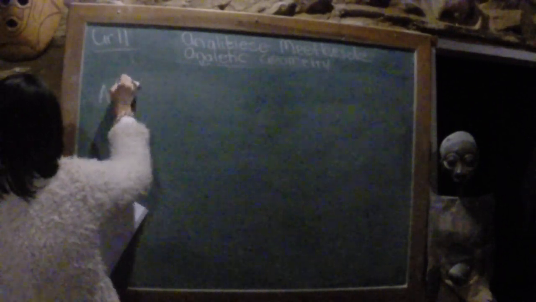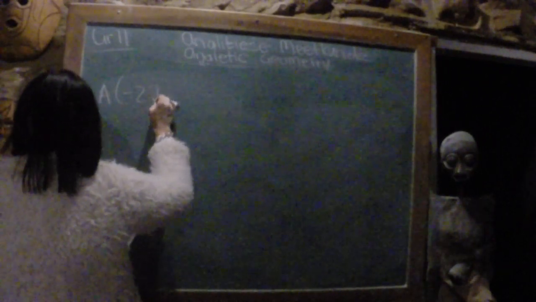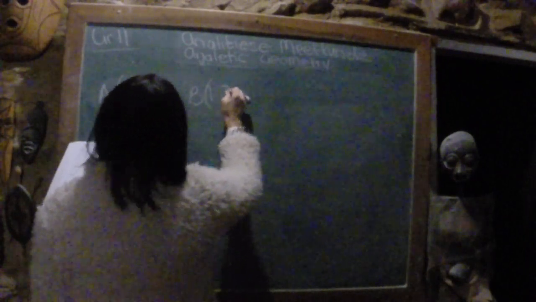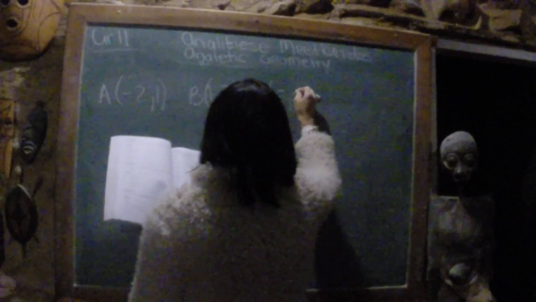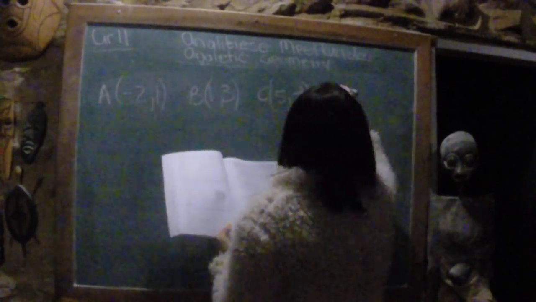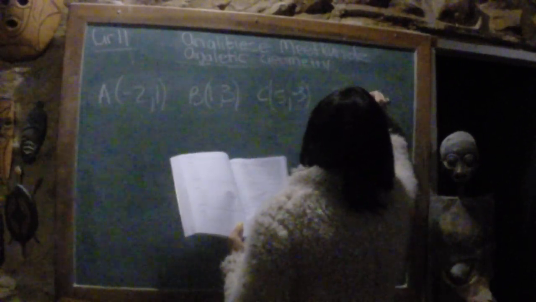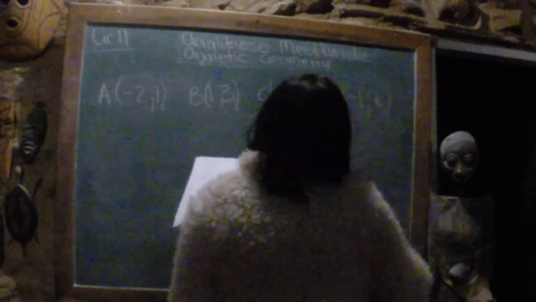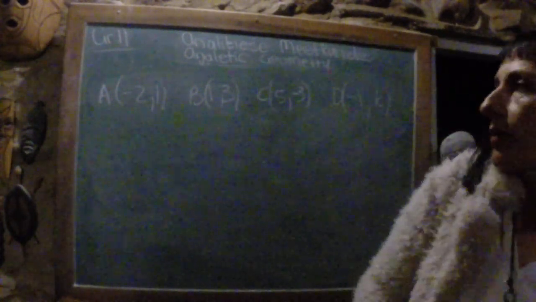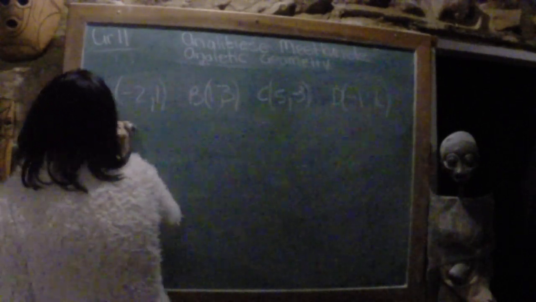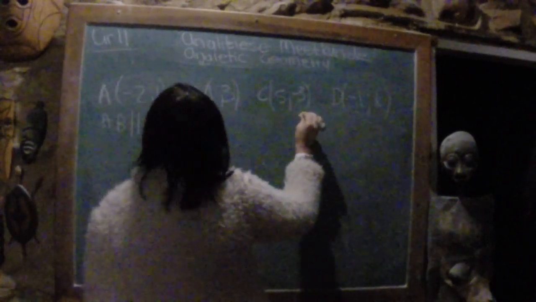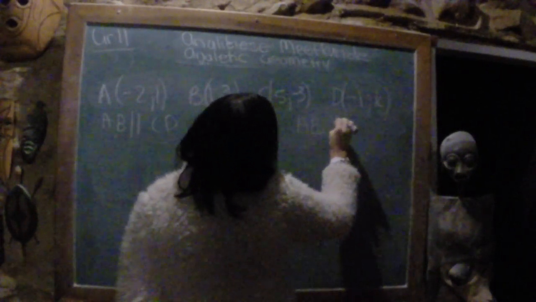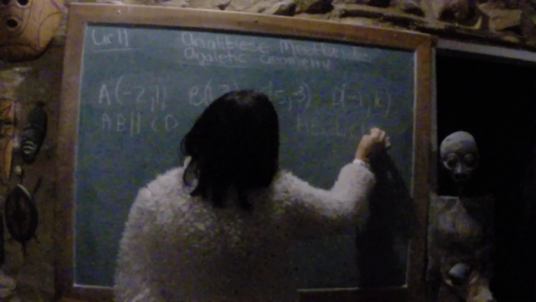I'm going to give you A (minus 2, 1), B (1, 3), C is (5, minus 3), and D (minus 1, K). So the question here is, determine the value of K if AB is parallel to CD. And then determine the value of K if AB is perpendicular to CD.